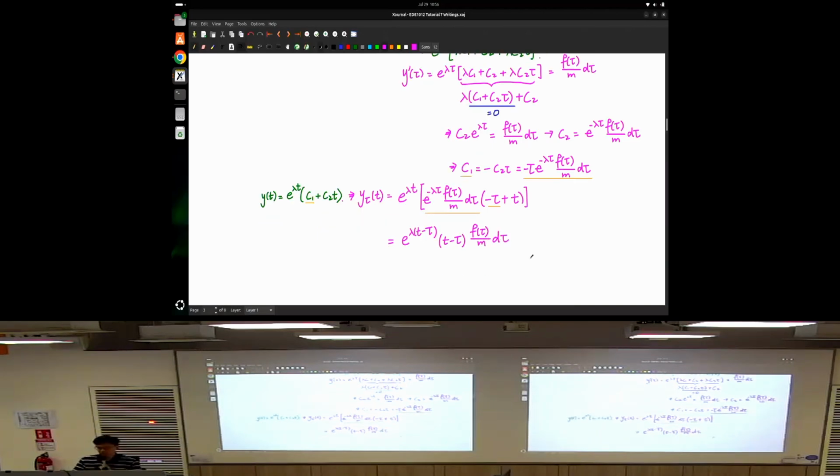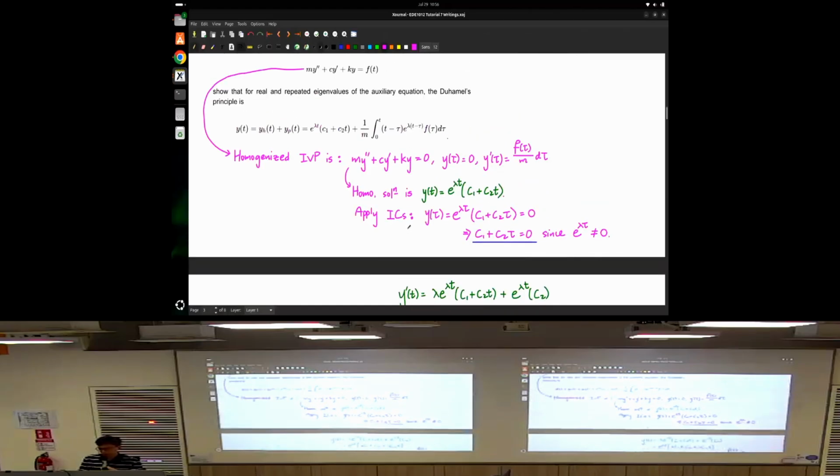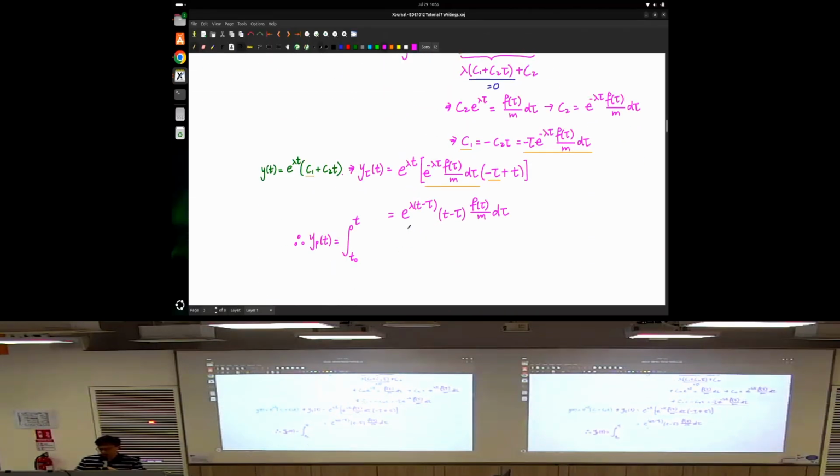This is just for one instance. So therefore the particular integral, y_p of t, you must integrate this from t0 to t. Did I put 0 as t0? Okay, so t0 is 0. So integrate this whole thing from 0 to t, and that's your particular integral.